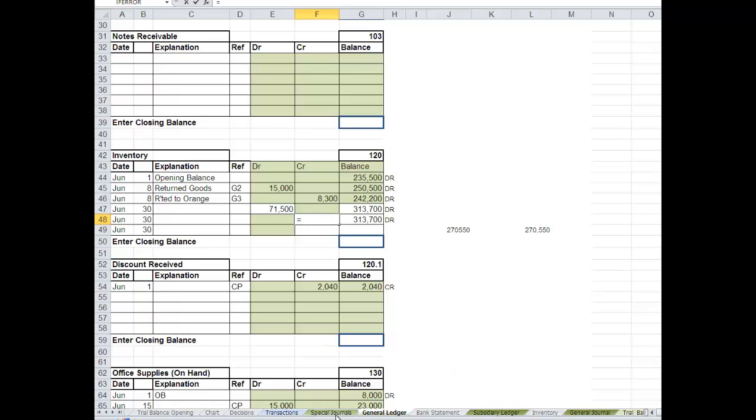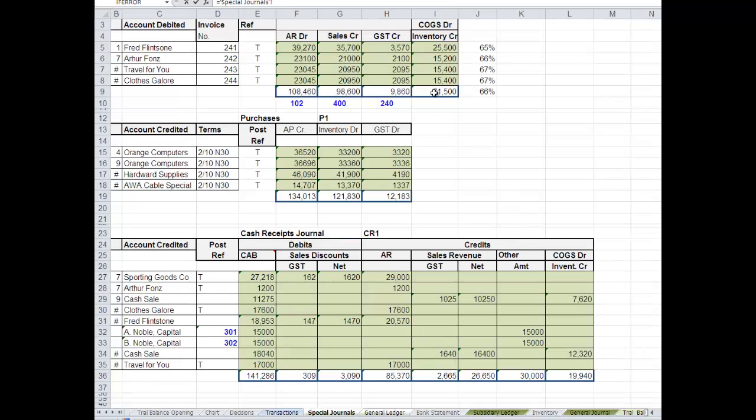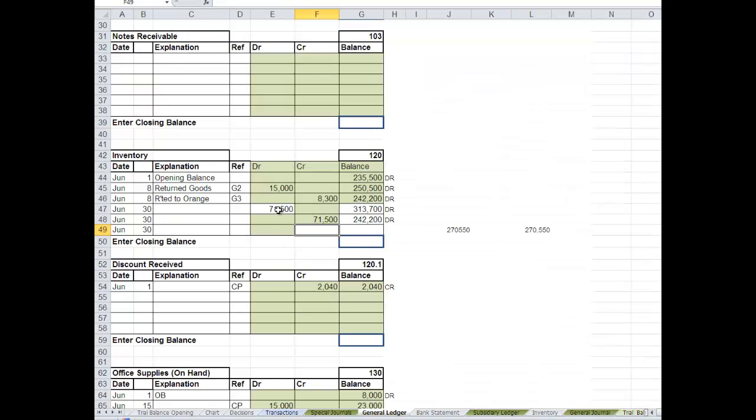So special journals 71,500, right, that works there. So these have gone in a different order. I'll come back, and this is S1, and again it's just the fall in inventory related to credit sales. Well, we can put that in as credit sales.